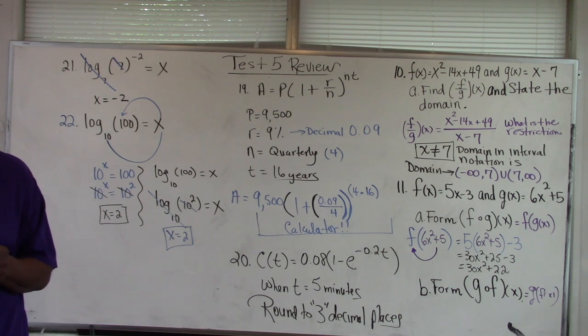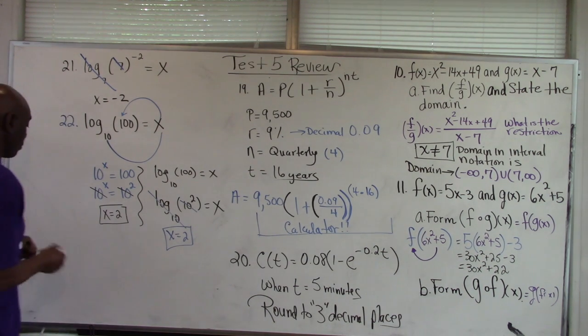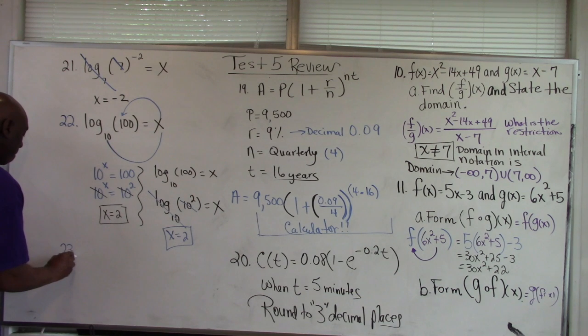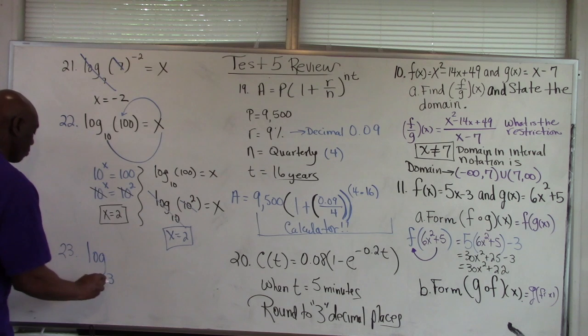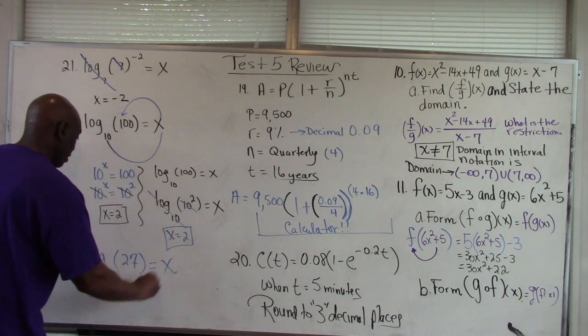Alright. Let's see here. What about, let's do another one, 23. What if we get log base 3 of 27 equals x?